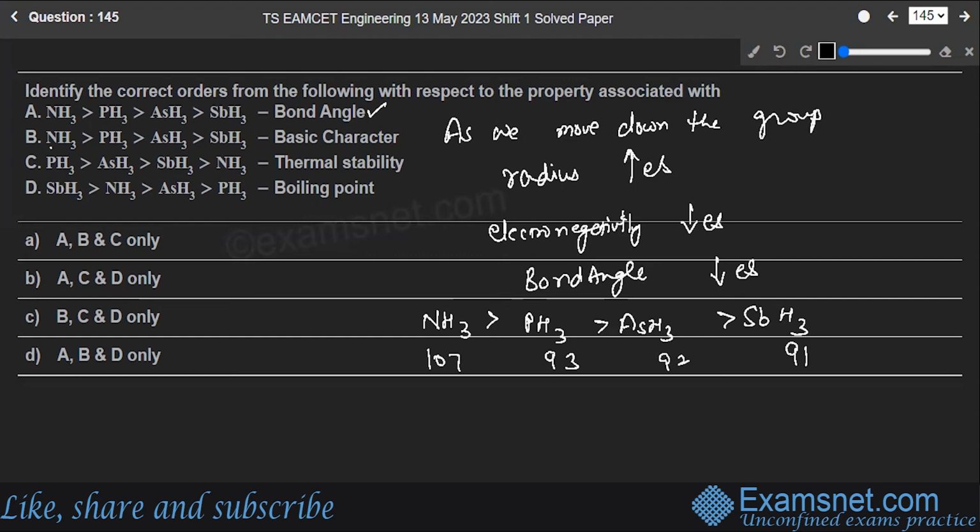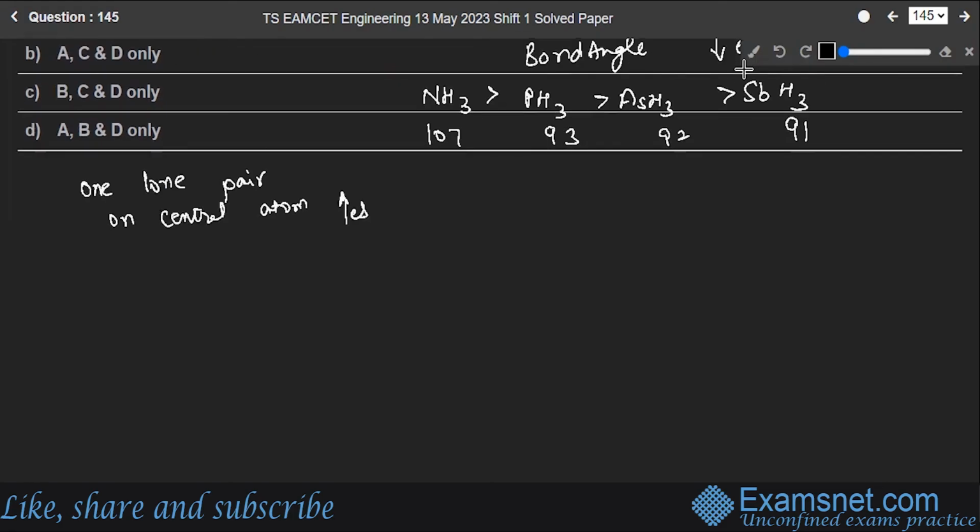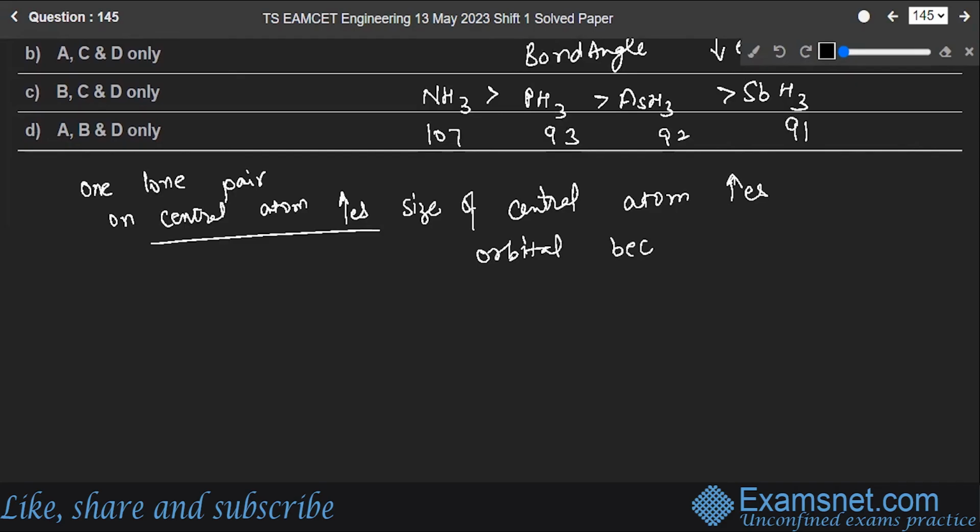The next one is NH3, PH3, AsH3, and SbH3 in terms of the basic character. See, the hydrides of the nitrogen family contain one lone pair on the central atom. As we move down the group, the size of the central atom increases, and the orbital becomes less diffused.